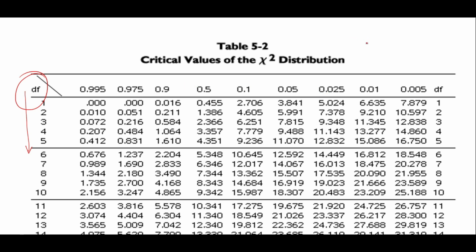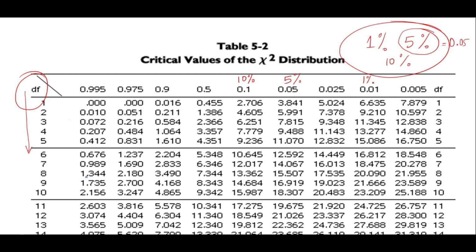The significance level can be at 1%, 5%, or even 10%. Now this depends on the question at what level of significance the test is being done. Here 1% means 0.01, 5% is 0.05, and 10% is 0.1.